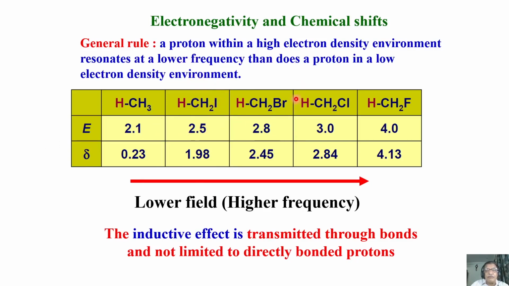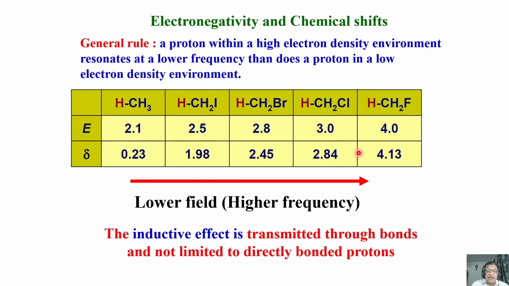Change iodine to bromine, which is much more electronegative compared to iodine. It shifts further downfield. Of course, in the column of the periodic table, we have fluorine, chlorine, bromine, and iodine. Now after bromine, move to chlorine. Remove bromine and put chlorine. The electronegativity keeps on increasing for the substituent atom, iodine, bromine, and now chlorine.